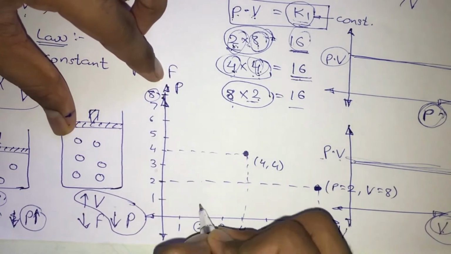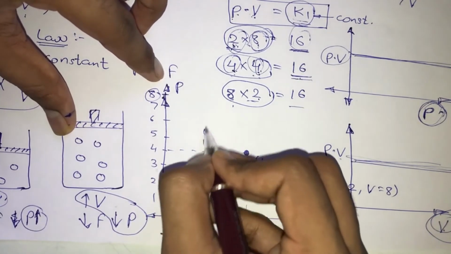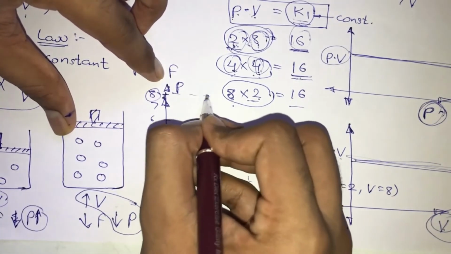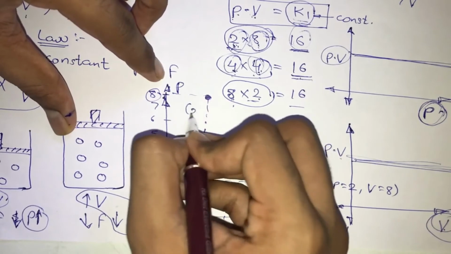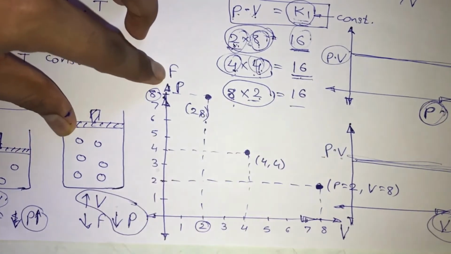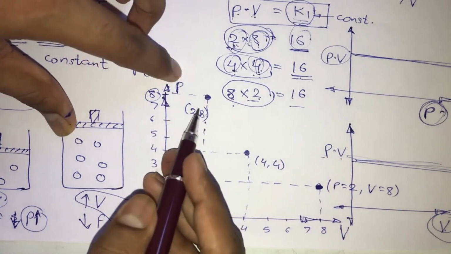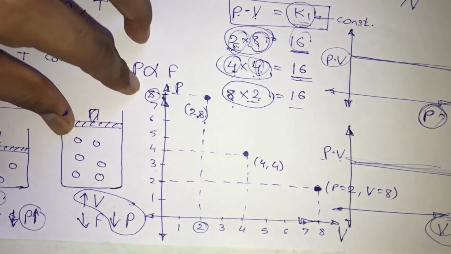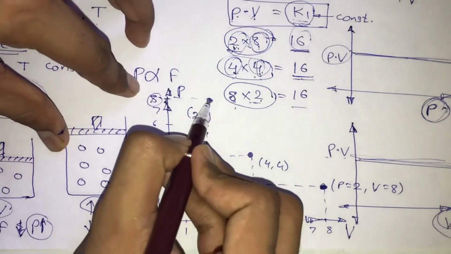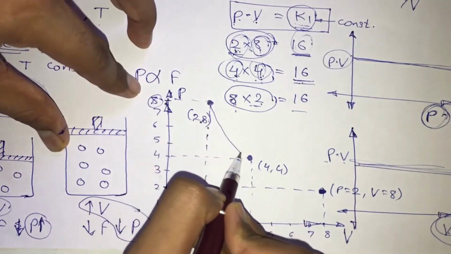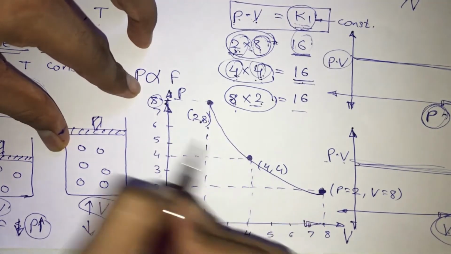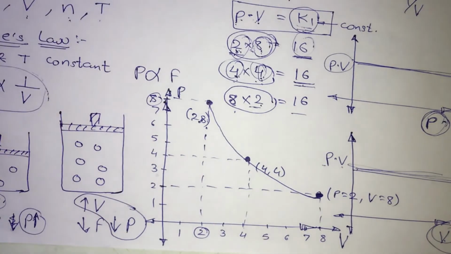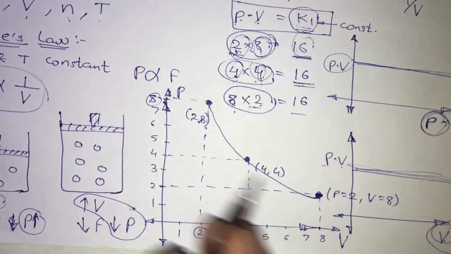So when I plot this graph over here, this is my point. Am I right? And now when I join all these 3 points, can you all see that you are getting a curve over here?